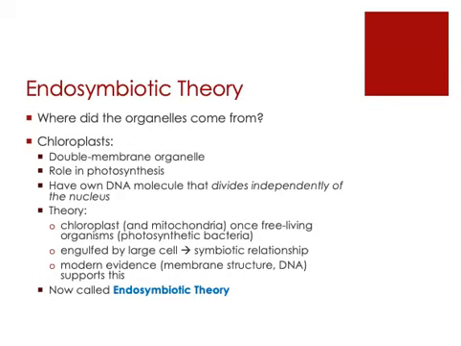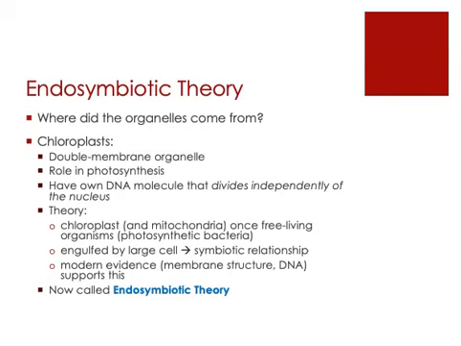How does a cell evolve to suddenly have these membrane-bound compartments inside of it? And the answer is, we don't know exactly where all of the organelles came from. But we do have a very good origin story for a couple of the organelles. And that is what we call the endosymbiotic theory.